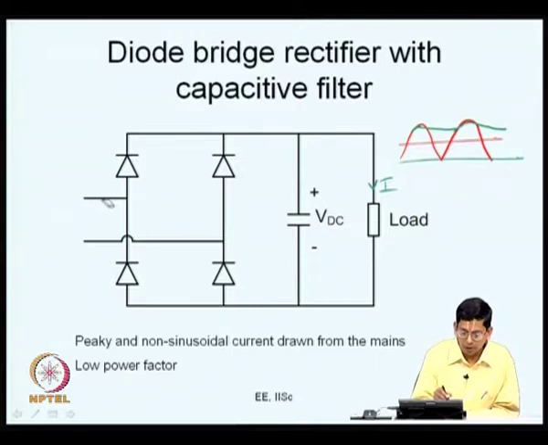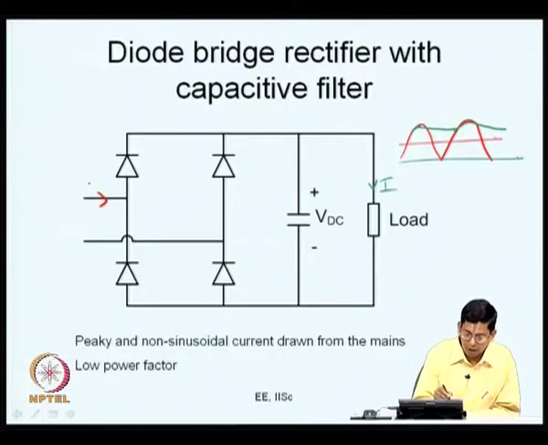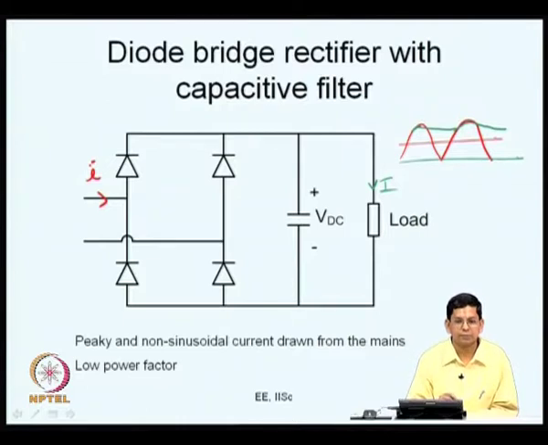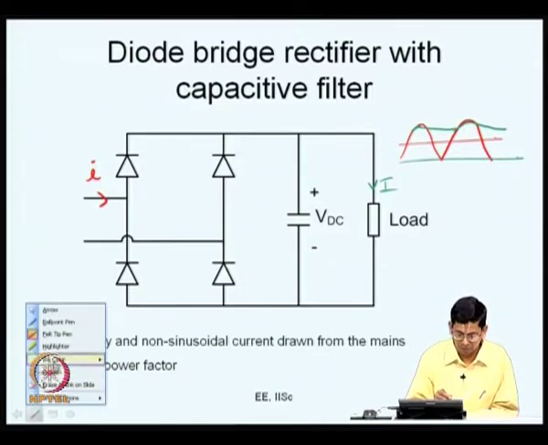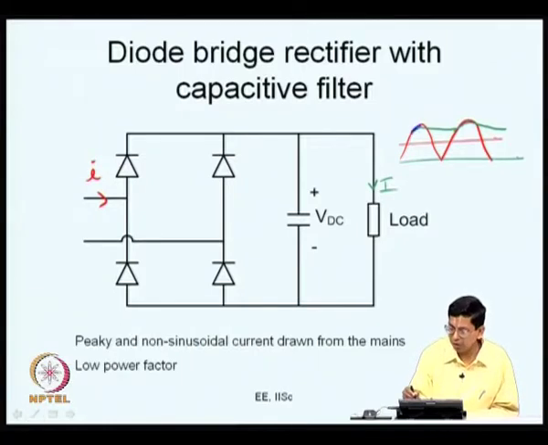Now, I want to look at this current I which is being drawn here. Is this continuous? No. Why? You can very easily see that only during the time that this is being charged, only during this interval of time, there is a current flow.